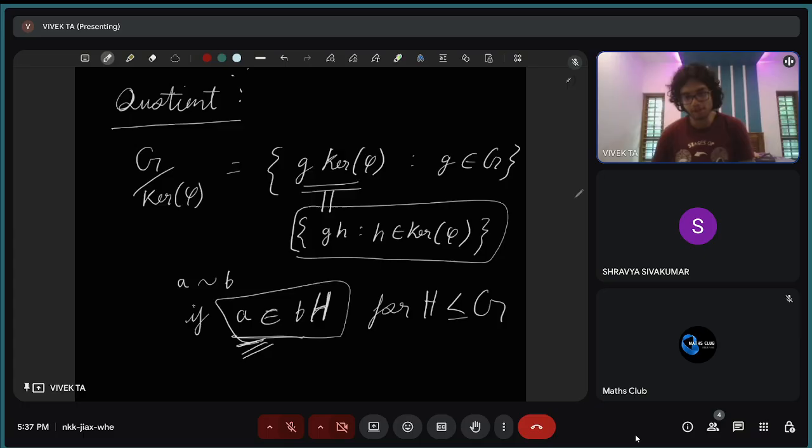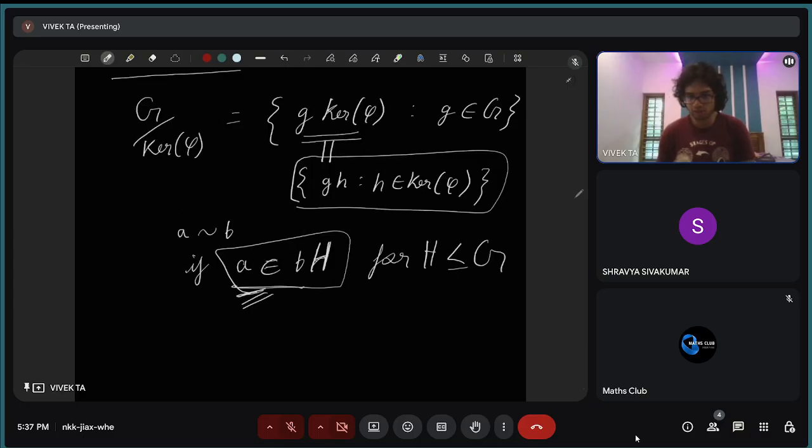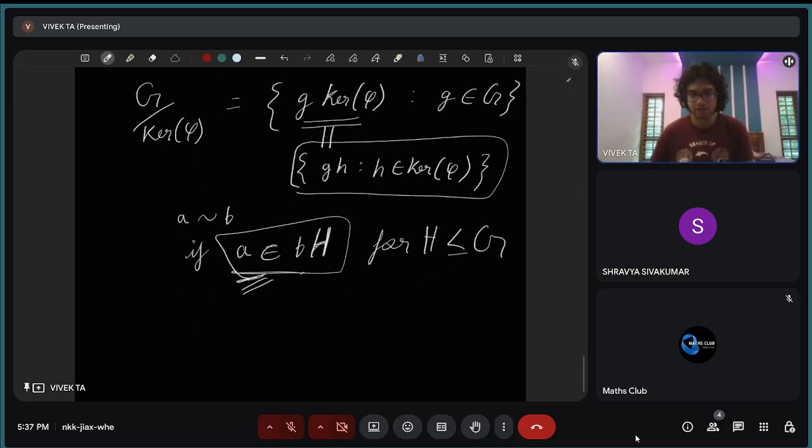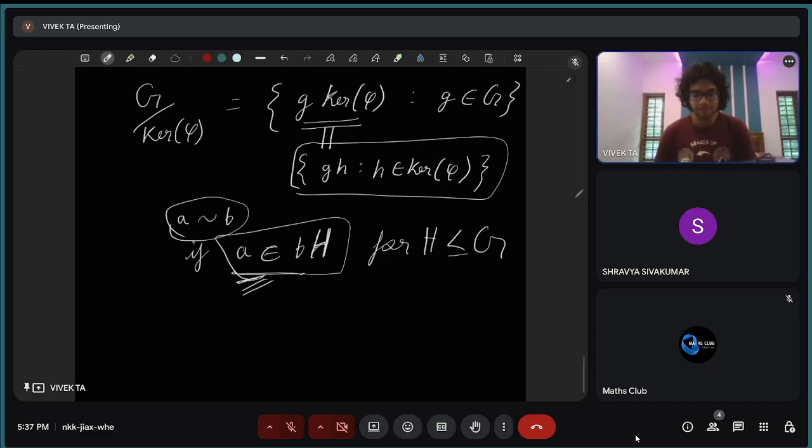I don't know if you remember, but don't worry. I think the coordinators will probably share notes today, so you will be able to see the notes for the first session in which I explained how this defines an equivalence relation. But the point being, this defines an equivalence relation. Similarly, in our case, this is well defined because we have an equivalence relation.